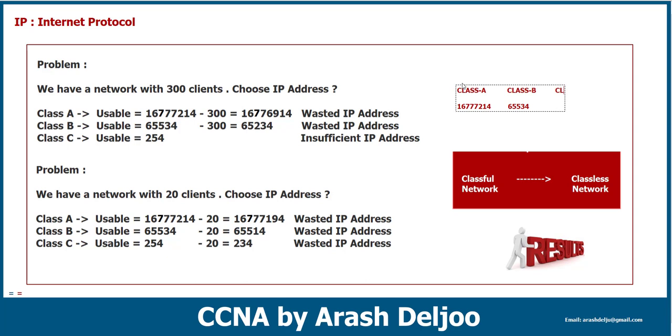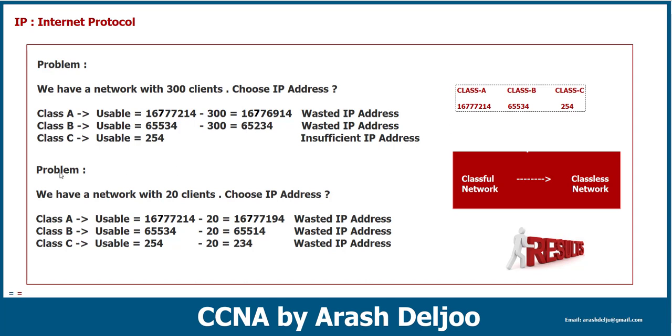Also, if you are using class C, you have only 254 IP addresses, and maybe this is not sufficient for each network. Here we have only three choices. We don't have another choice. For example, we can't assign 350 addresses. We have only these three choices, and this is the shortage of the IPv4 address class rules.